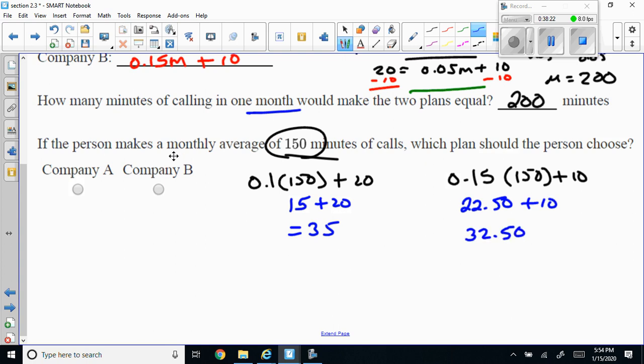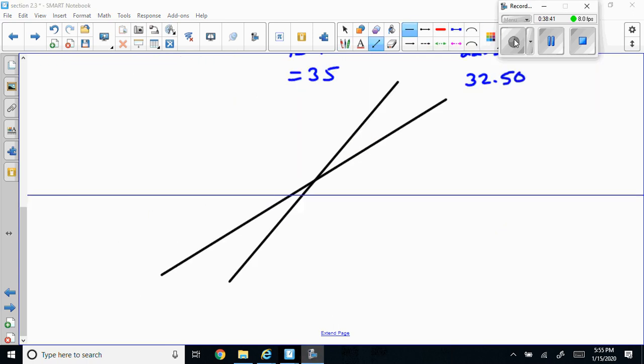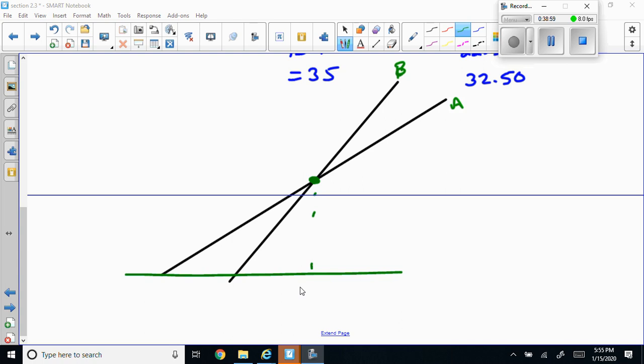So company B, if you're less than 200 minutes, is going to be your best bet, and it's your best bet at 150. It's kind of like this: let's say that this right here is company B, and then this is company A. That right there is 200 minutes.